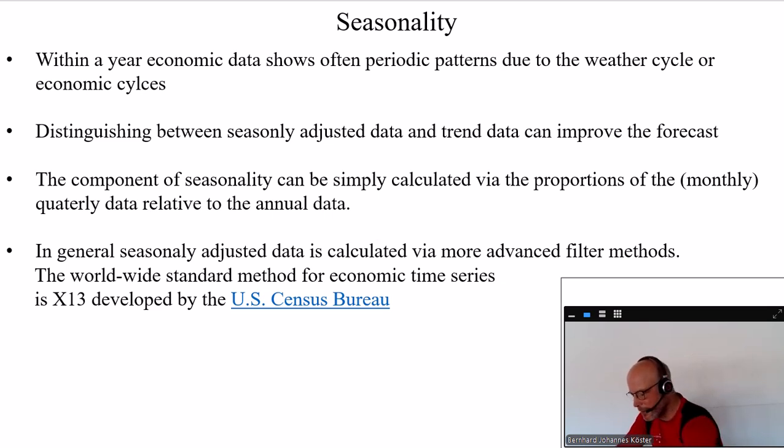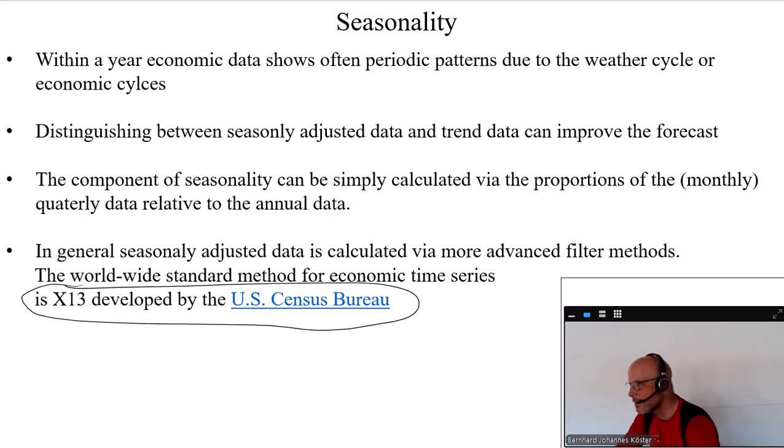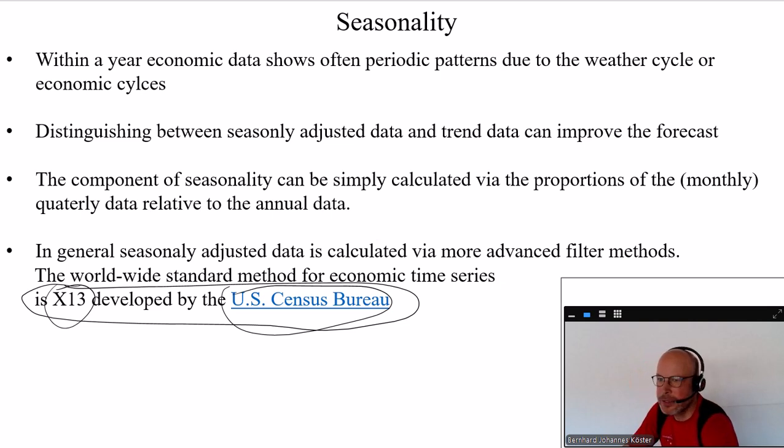And for this, there has been developed a quite sophisticated method. And on this method, actually, we rely in the whole world. In every country, we are using this method developed by the US Census Bureau, and right now it is X13. I think I started all my stuff there. It was X9, so it has always changed over time a little bit, and then they use a new number. Well, we will not talk about this.